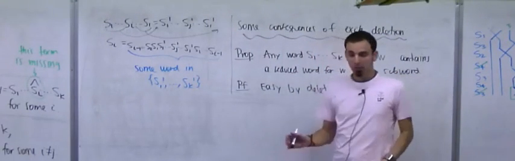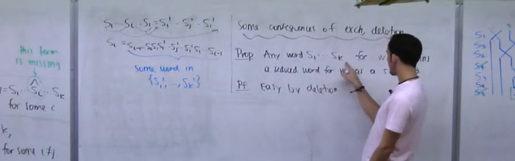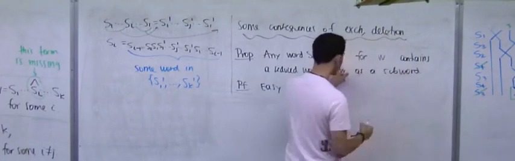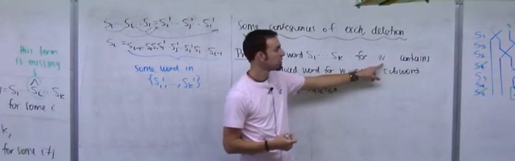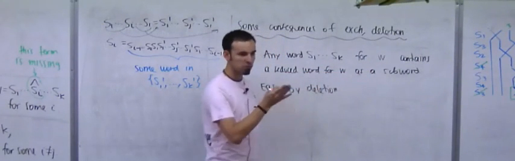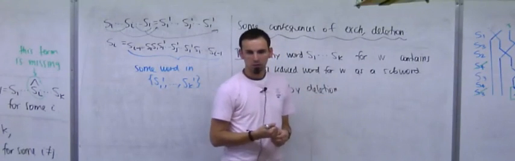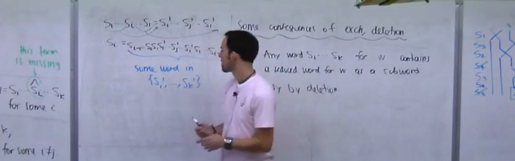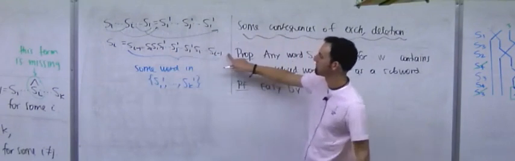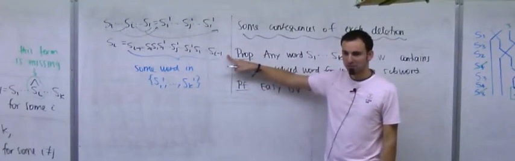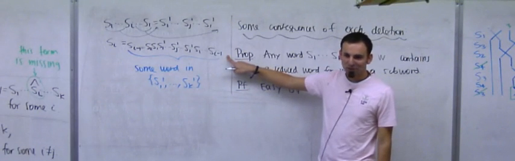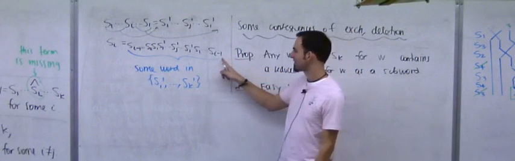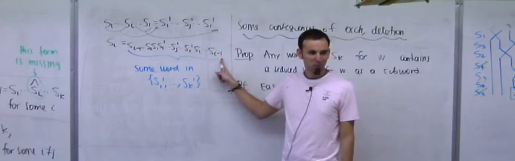But then I'm going to say, look, any word for an element of the Coxeter group can be reduced to a minimal word. What's the length of this word? It looks very long, but the length is very short actually, because this is just si.